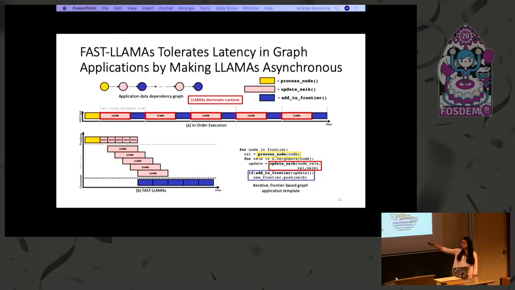So in this execution timeline on the lower left, the producer is the top row, and the consumer is the bottom row. The middle row, this wide row, shows what's happening asynchronously in the memory hierarchy. So this isn't mapped onto a core. The producer and the consumer are the two cores running in parallel. And so the producer does the node processing, and then it can issue llamas.